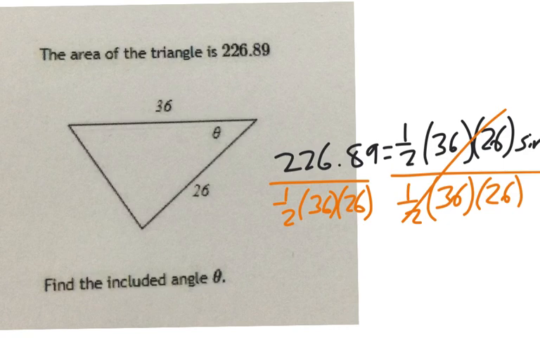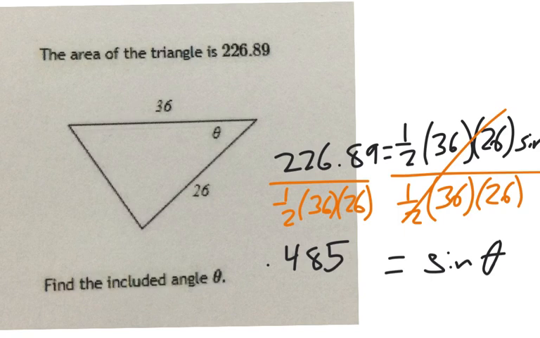In my calculator, I've got 226.89 over 0.5 times 36 times 26, and I got 0.4848076923 for the first part. Are we okay with that? You may have done it all in one step. So sine of theta equals that number, which I'm just going to leave in my calculator, or round to 0.485.